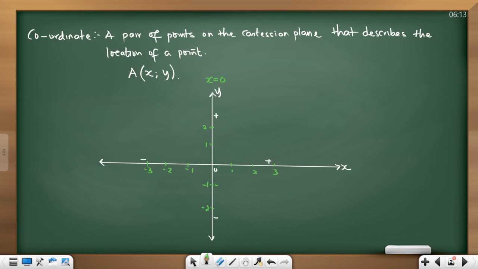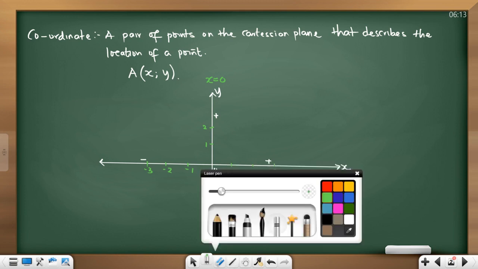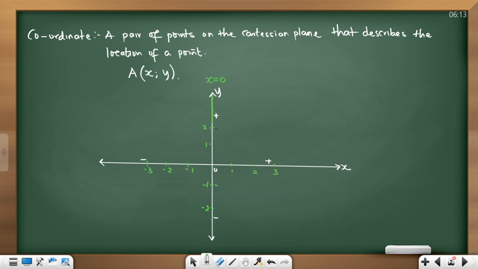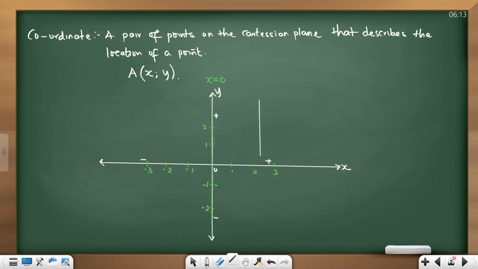You would see that the y-axis is actually a vertical line, and it's on the 0 x value, so x equals 0. However, if I draw a straight line that passes through 2, for example, the equation of this line becomes x equals 2.